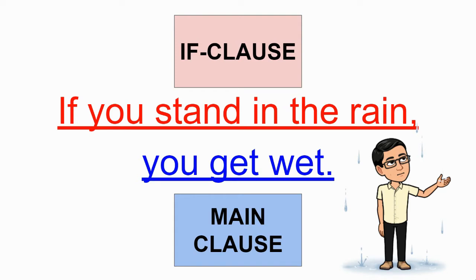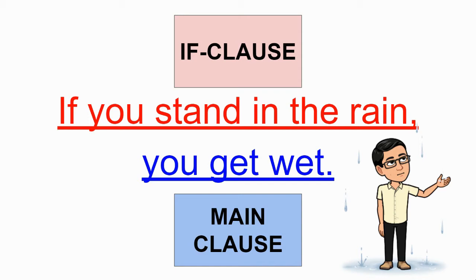Now, I want you to identify the verb in the if clause. Can you still recall the definition of a verb? Great! Verbs are words that show an action, occurrence, or state of being.